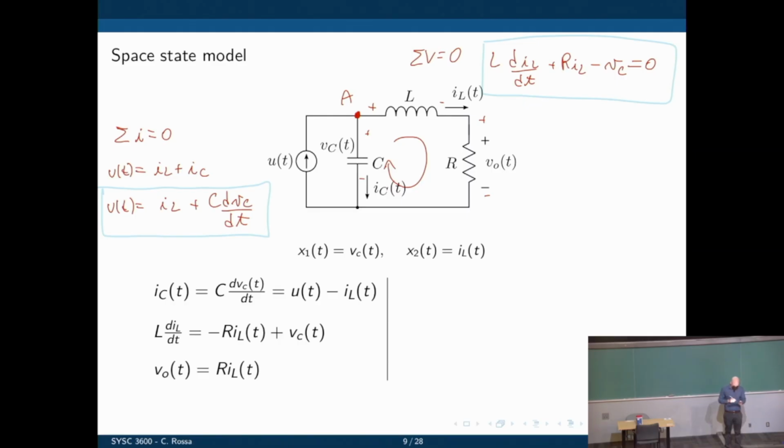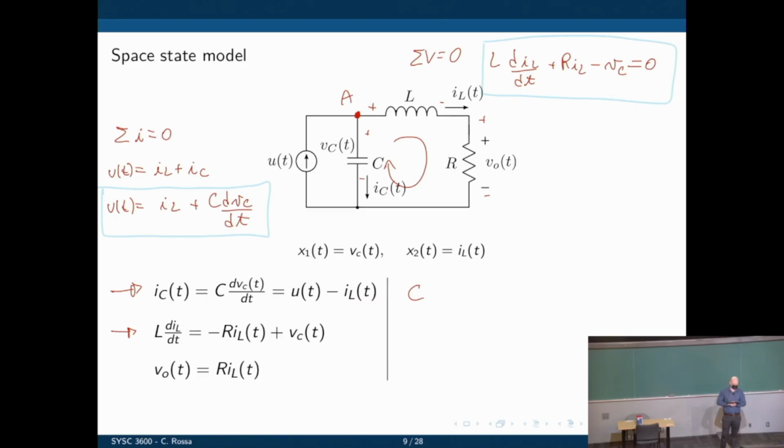So if you rearrange the first equation, we have it here, and then the second equation. Now let's rewrite these as a function of our states. What is dVC dt as a function of our states? C times dVC dt becomes, as a function of one of our states, either x1 or x2.